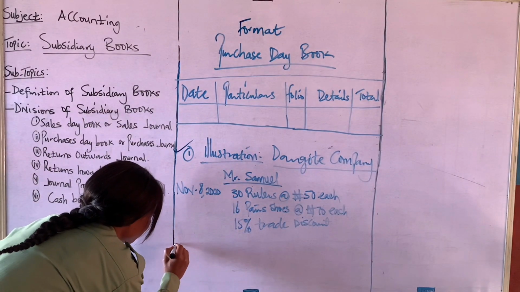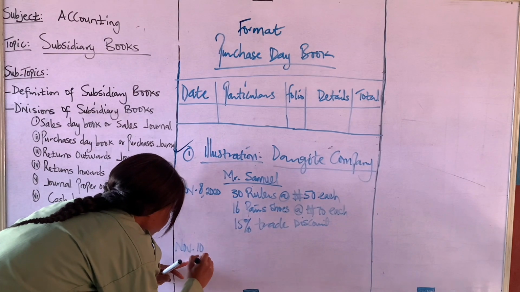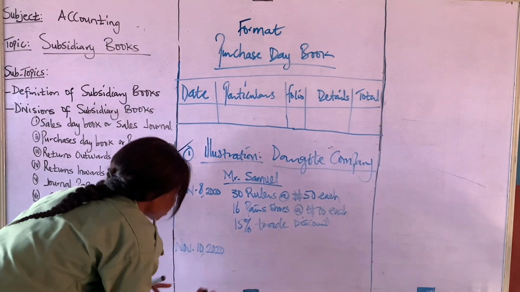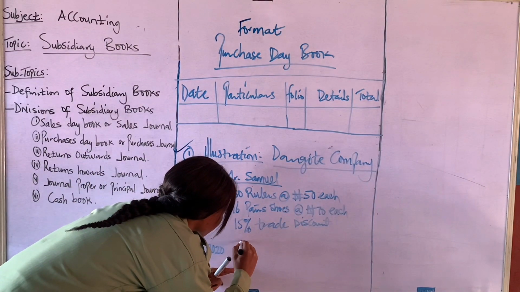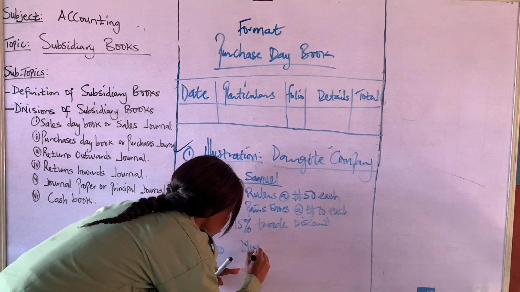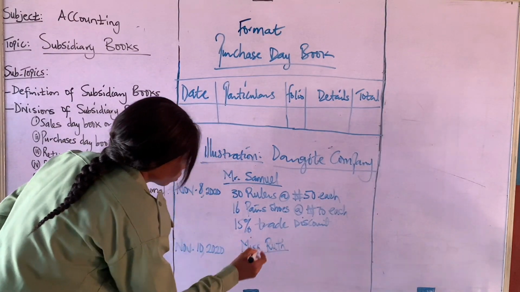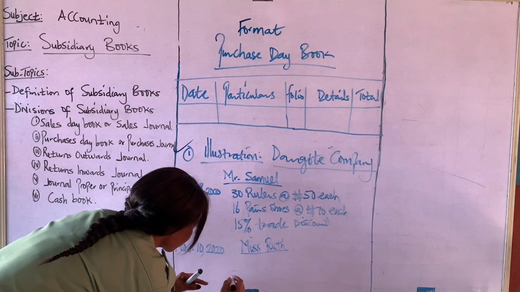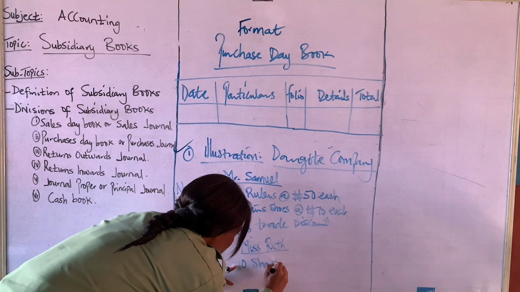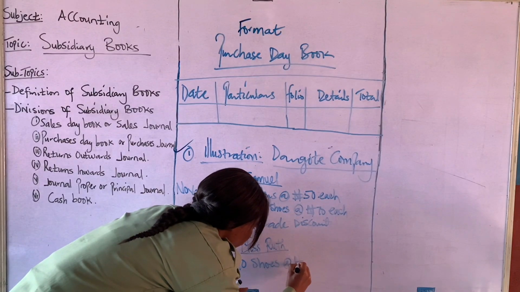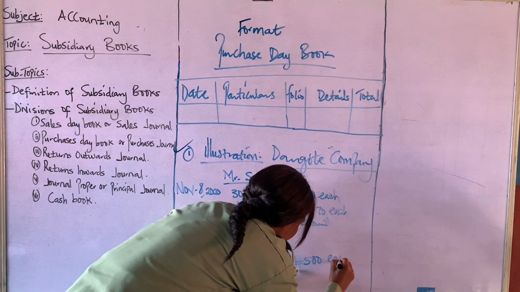Okay, then on November 10, 2020, Dangote company also made a purchase from Miss Ruth. Let's say it purchases 10 shoes at the rate of 500 naira each.